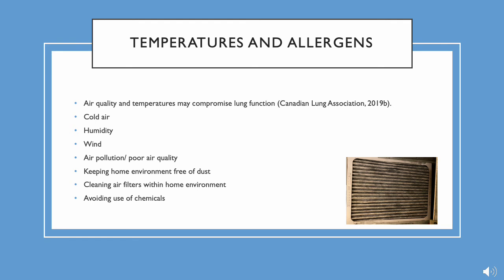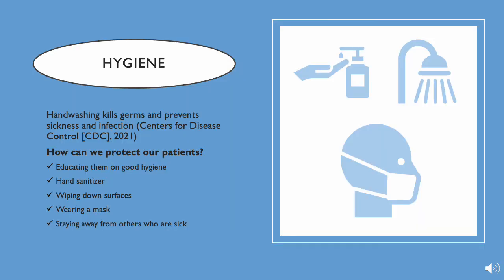Also cleaning air filters within the home environment. These are just like AC ducts, stuff like that, and avoiding the use of chemicals. So anything strong like cleaning products, just making sure if they are engaging in these chemicals, to wear a mask and just be protected.